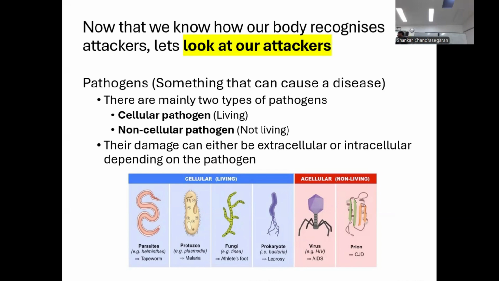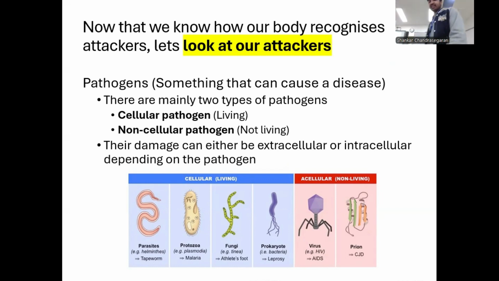Basically, they can be considered living or non-living, acellular. Their damage can either be extracellular or intracellular as well, meaning they can do their damage in the external environment of the cell, or they can go into the cell and do damage. It all depends on the type of pathogen we are dealing with.